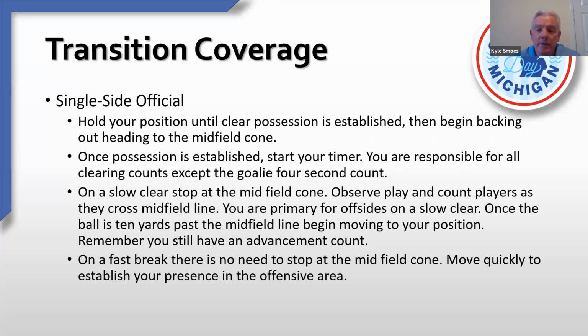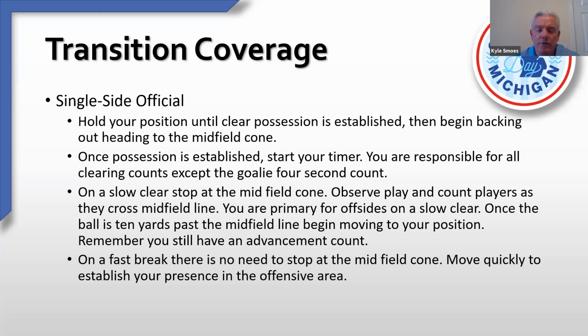Also remember, when you are that single side official in a three-man mechanic, you have the advancement counts. So you have the 20-second clearing count, and then you have the 10-second count once the ball is possessed across the midline to get into the attack box for a touch. So you want to make sure that there is possession, and then you can start your timer, but you need to get to the cone.